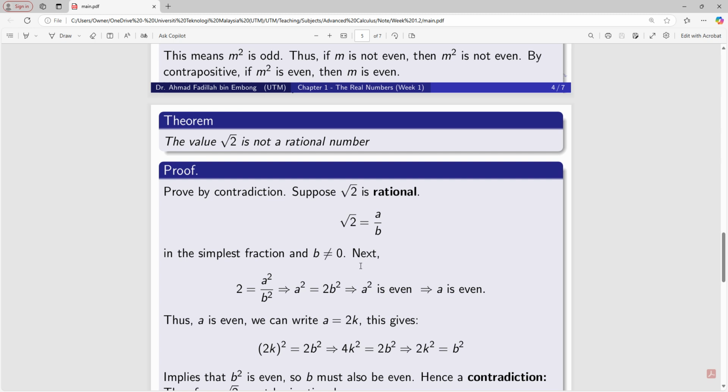Next, we are going to square both sides. So we will have 2 equal to a square over b square. Rearranging this, I will get a square is equal to 2b square. This implies that, because a square is equal to 2 times b square, a square is a multiple of 2, so a square is even.